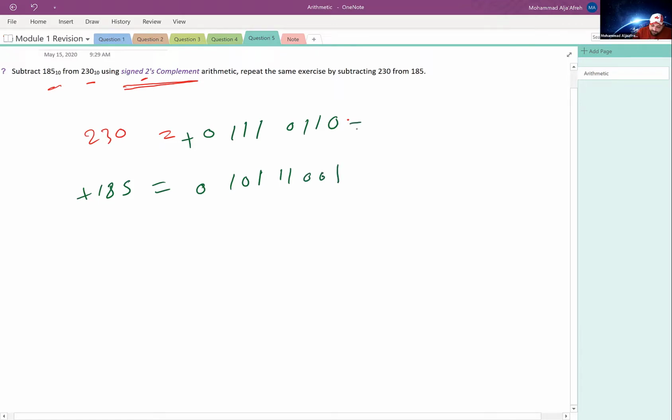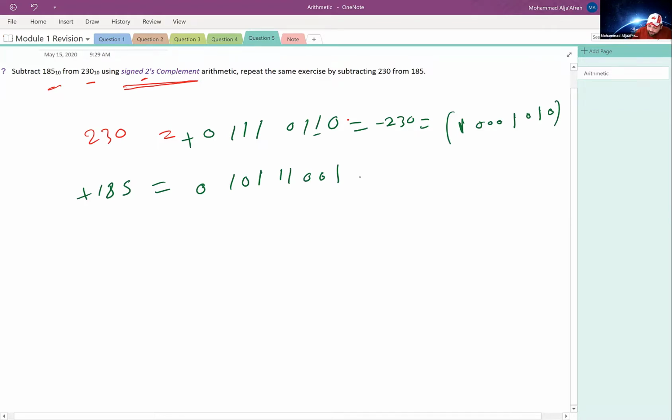Now, if I want to get the 2's complement of the 230 to represent the minus 230, for this one, you go from left to right, and I'm going to keep just this one and start flipping. So it will be 0, 1, then 0, this one will become 0, 1, then 0, 0, 0, and this one. Okay, that is the minus 230.